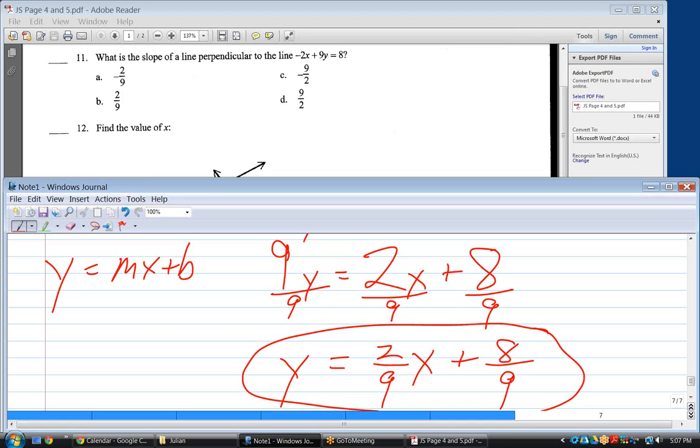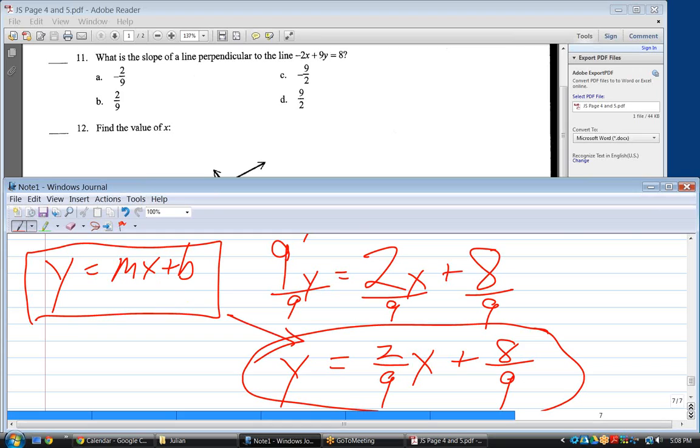So if y equals 2/9 x plus 8/9, what's the slope? What is m? Hold on, Julian. There's our equation. Y equals mx plus b. Here's the equation we're looking at. Y equals 2/9 x plus 8/9. What's m?